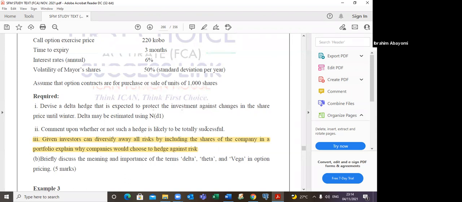And this is achieved by hedging against risk. So that's that about that.